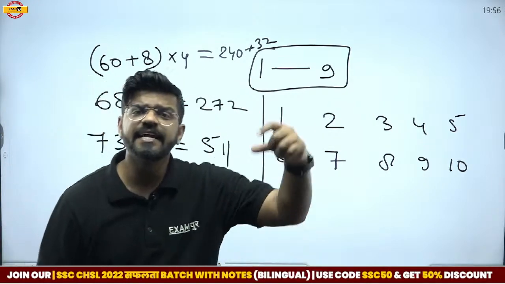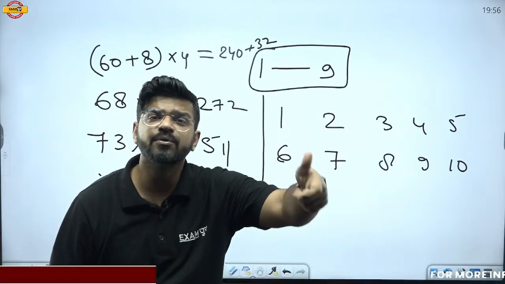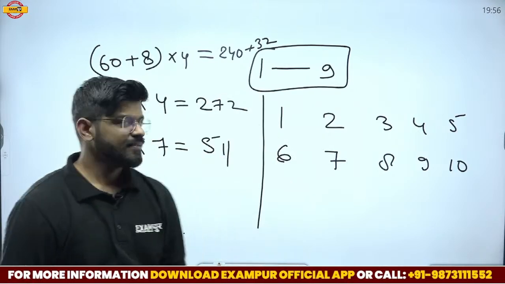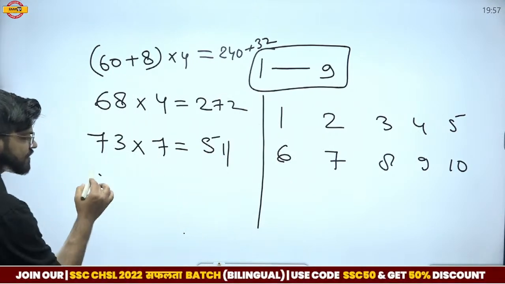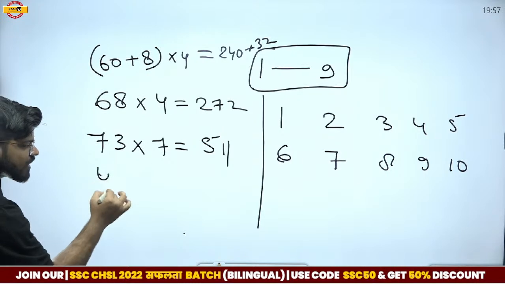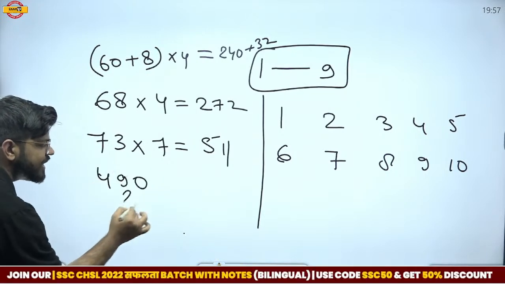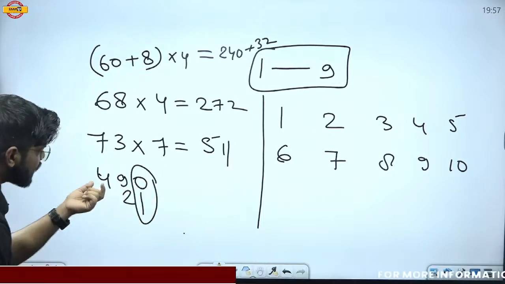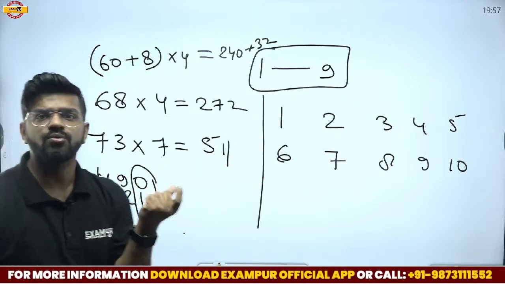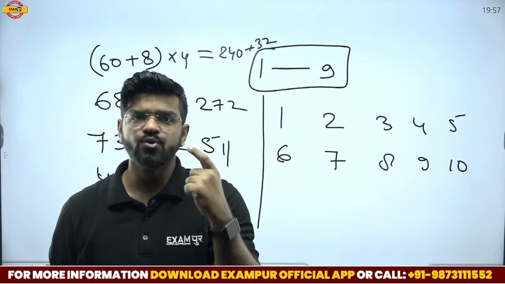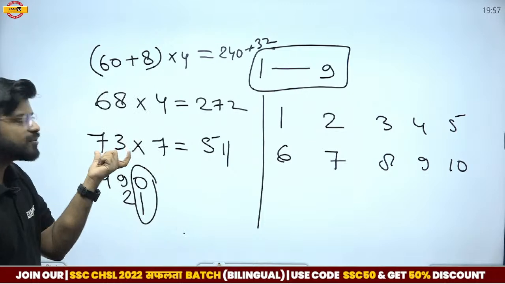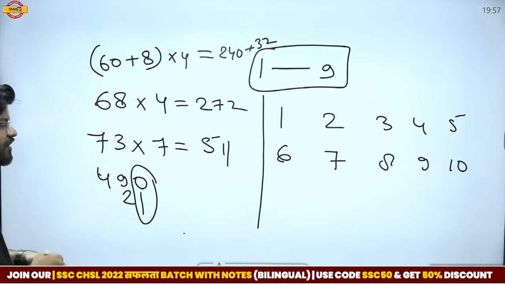So 490 and 20, that means 49 and 2, 51. Clear? What I have told you is 490 and 21, and this 1 is going to stay here only, so you just have to add 49 and 2 in your mind. Clear? And you are going to say the 73 table easily.